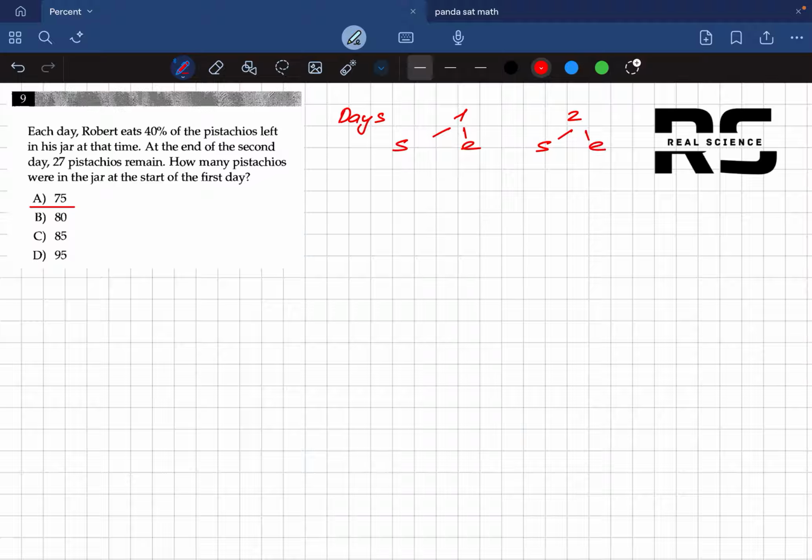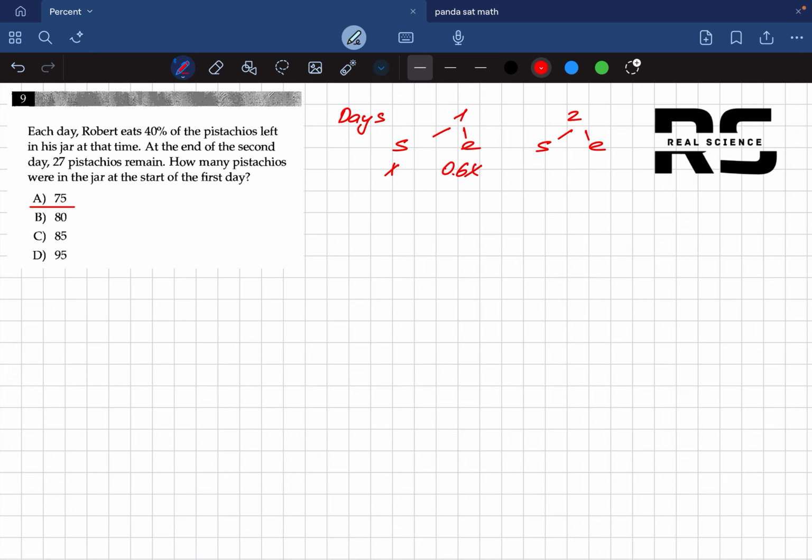It says each day Robert eats 40% of the pistachios left in his jar at that time. At the end of the second day, so let's say in the beginning he had, let's just call that X. We don't know how much he had. And at the end of the day, he ate 40%, so what he is left with is 0.6X because he ate 40% of it.